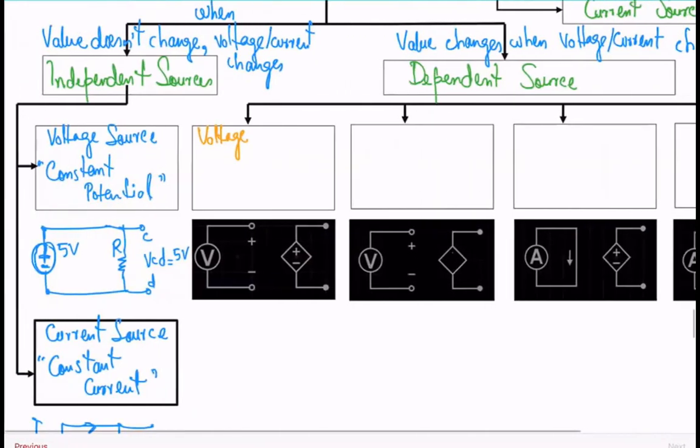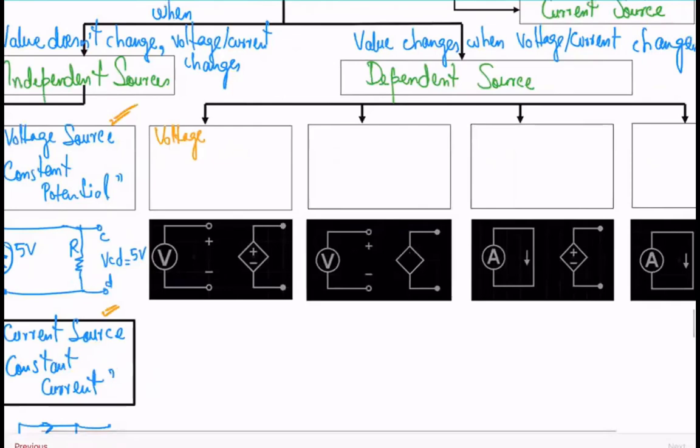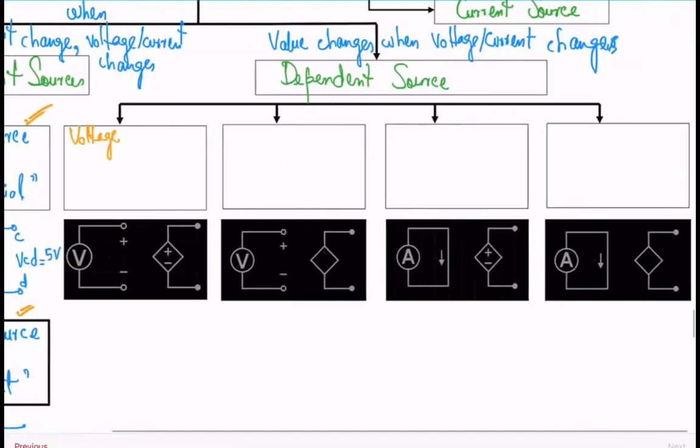So far in this course we have done the voltage source. We haven't done any dependent source, and haven't even done the current source yet. There's one example, the current divider, where we have a current source, but mostly we have done the voltage source, which is the independent source. But later on, when we study more, we will be using dependent sources as well. If you don't fully understand that, that's fine. You will start linking it up as we go along in this course.